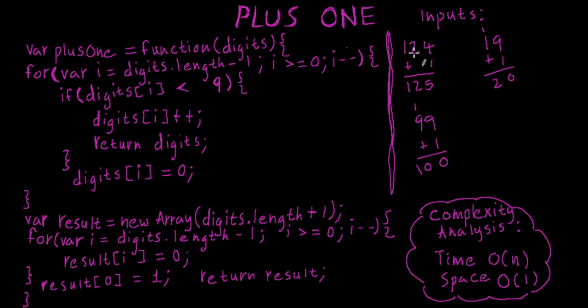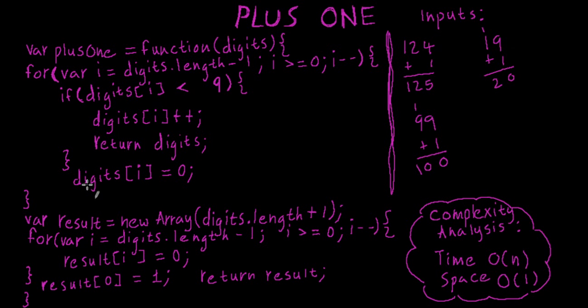Very simple. Now when one of the digits in our digits array happens to be 9, we need to replace the 9 with 0, because if we recall the carry 1 concept from elementary school, in addition, 19 plus 1 is 20, so naturally in place of 9 we see a 0 here.